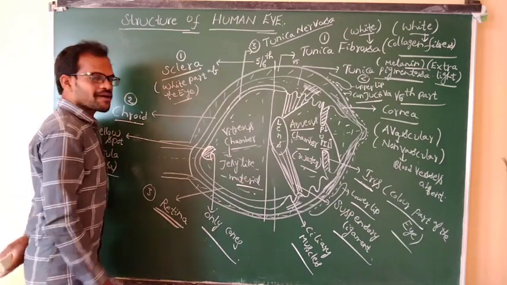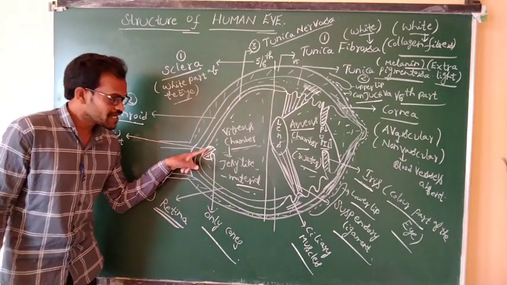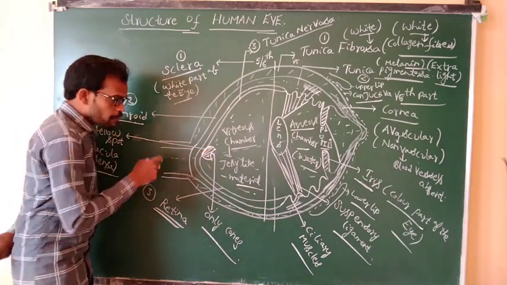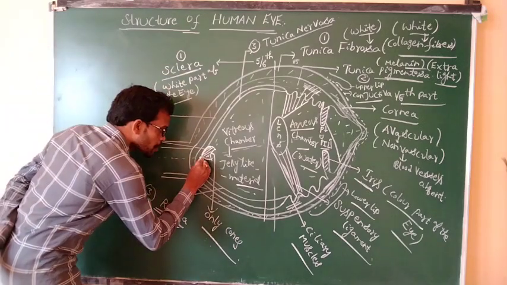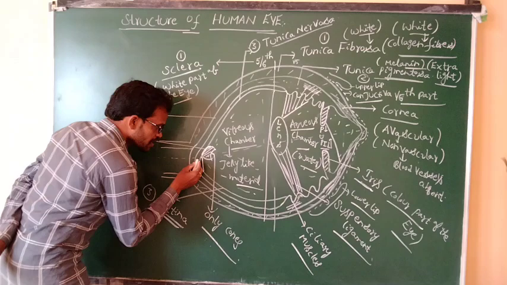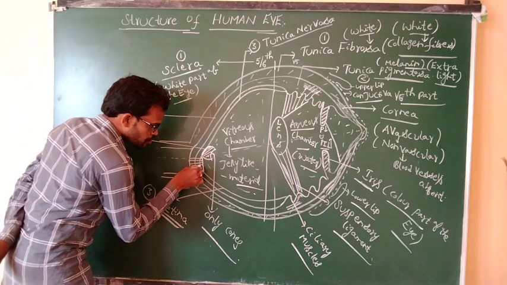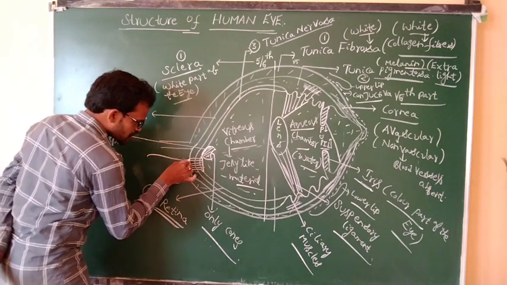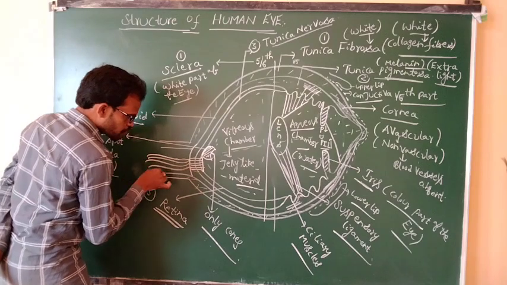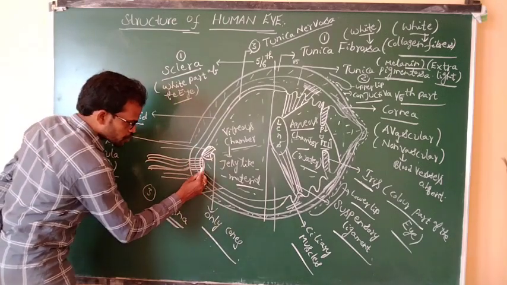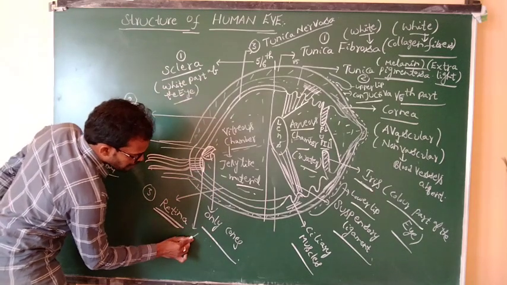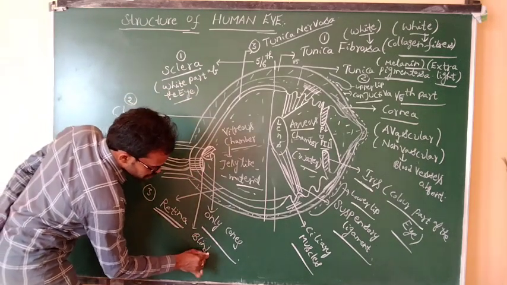Okay, see here, this is the posterior part and this is the anterior. Below the yellow spot is the blind spot.